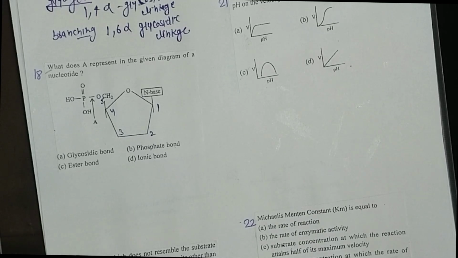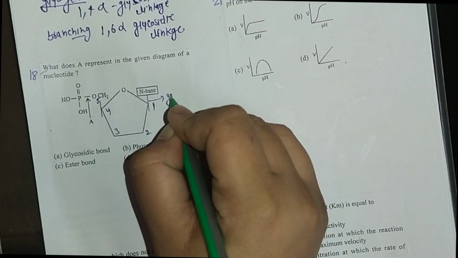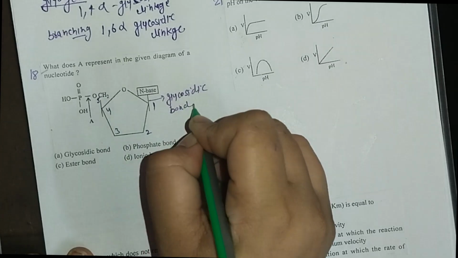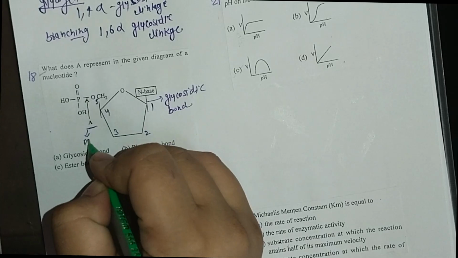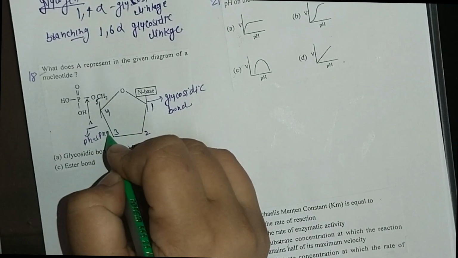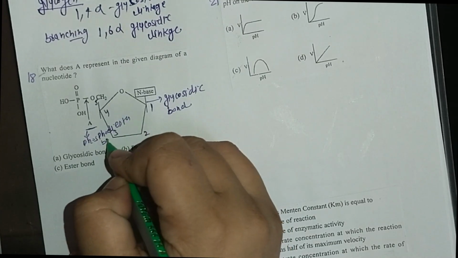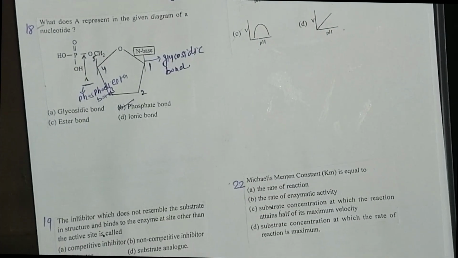This is a nucleotide structure and this bond is known as glycosidic, while this bond which they are asking, this is known as phosphodiester bond. So the correct answer is B, that in this question what they have asked, that what A is representing. So A is representing the phosphate bond. Next question.